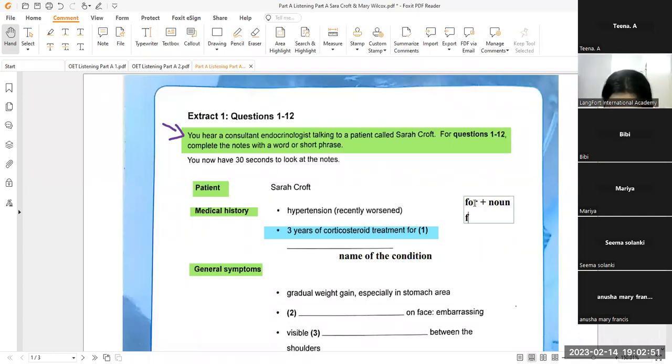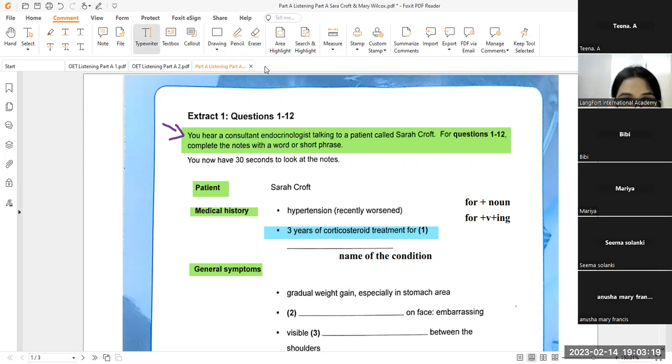Or you can also expect a verb. A verb is an action word. If you're writing an action word, it will be in ing form. So that is a grammar aspect that you need to know whenever it comes to gap fills.